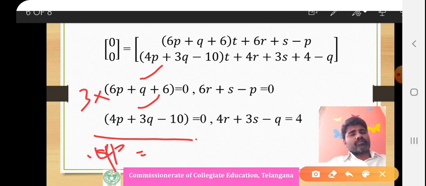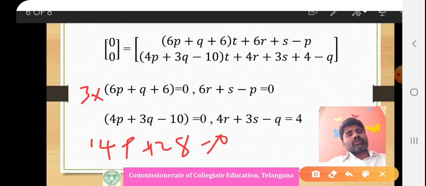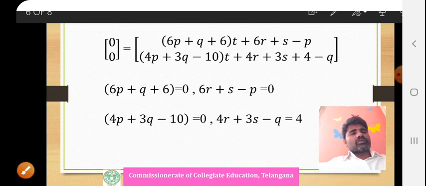If you multiply this with 3, 18, and subtract from this, what is left here is 14p plus 28 equal to 0, that implies p equals minus 2. If p is minus 2, it will become minus 12, minus 12 plus 6 minus 6q equal to 0, so q equals 6. P is minus 2 and q equals 6.